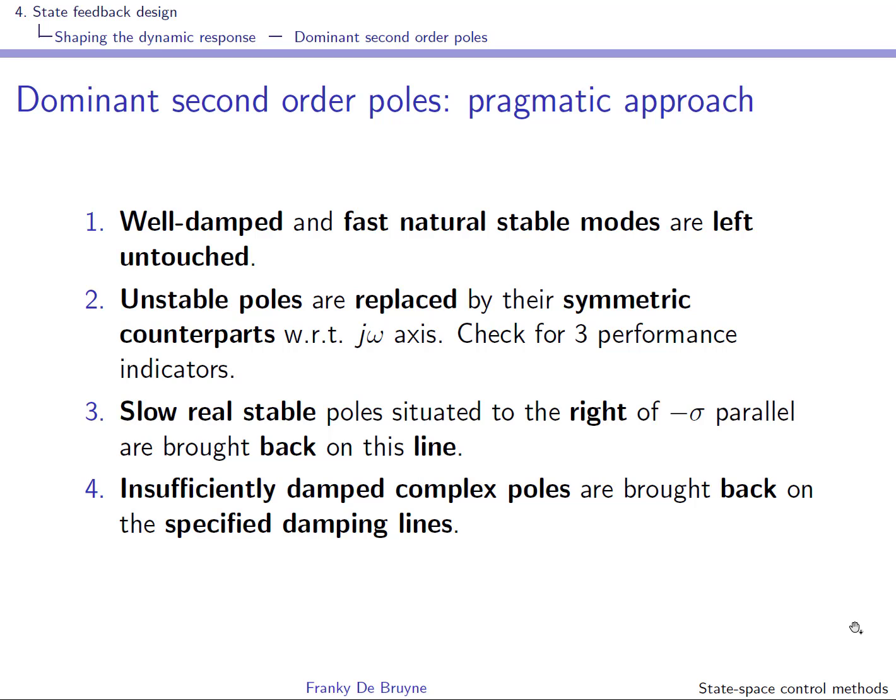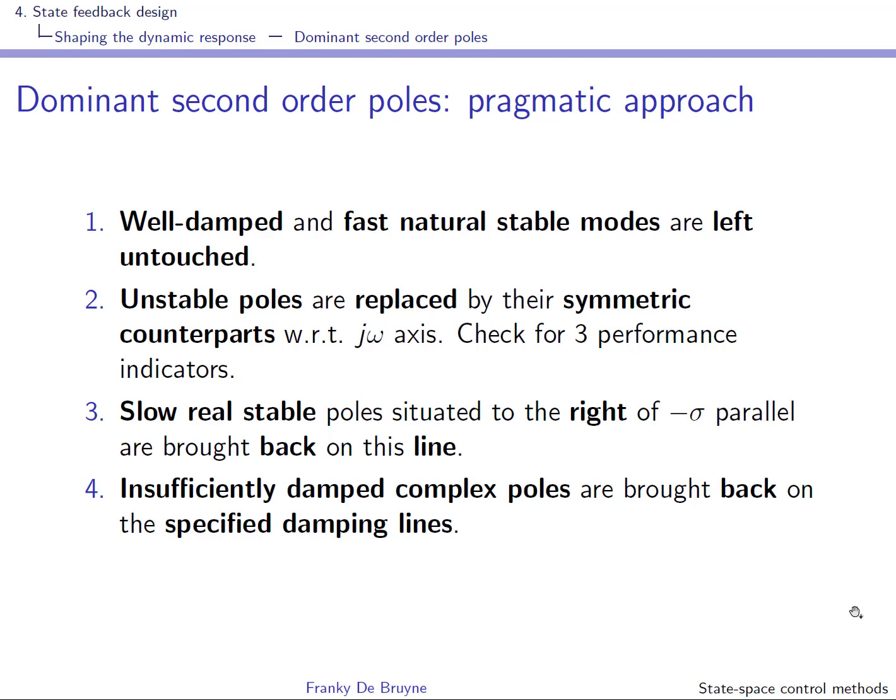Unstable poles, which are to the right of the imaginary axis, should be, of course, brought to the left of the imaginary axis for stability, right? So the easiest thing is to replace them by their symmetric counterparts with respect to the j omega axis, and then to check the three performance indicators related to rise time, overshoot, and settling time.